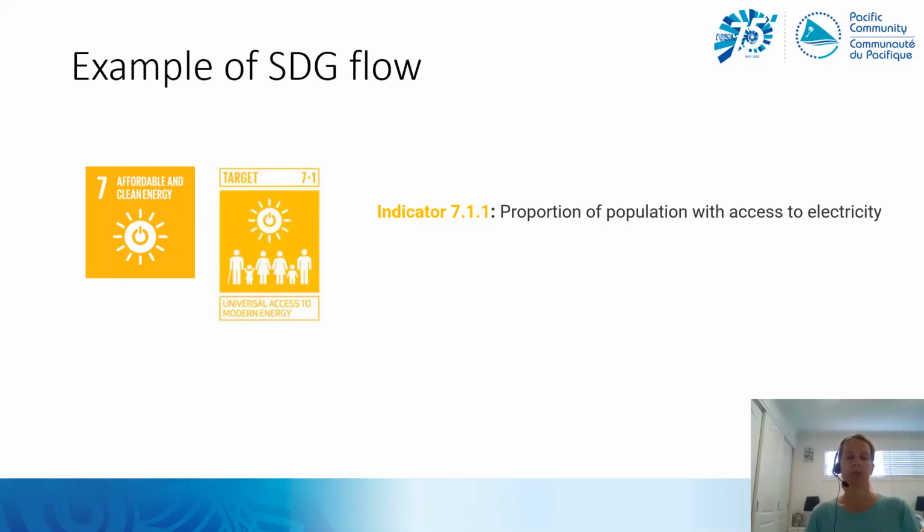So that's all a simple progression and an easily understood indicator. So the indicators range from easy, such as this one, which we can readily calculate from the census because we have a question on access to electricity and we know the population.